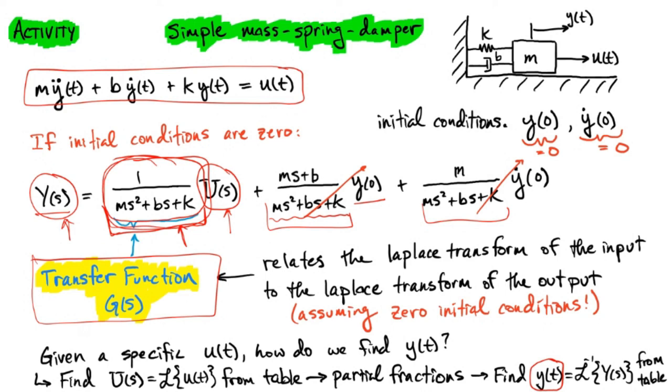We take the Laplace transform to deal with something that no longer has differential equations in it, just algebra. Then we rearrange this, solve for y of s, substitute in what u of s is, and then apply the inverse Laplace transform to go from that function y of s that represents the signal y of t in the Laplace domain and take it back to little y of t.